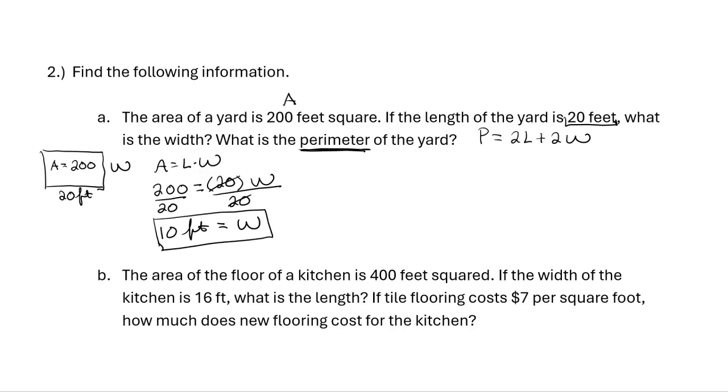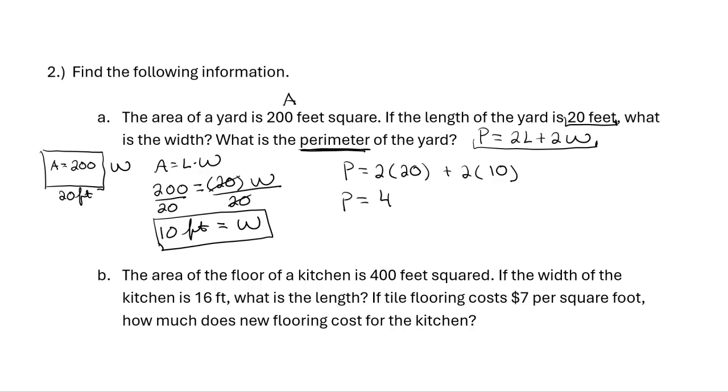So now I need to come up here to my perimeter, which I don't know, but I do know now my length and my width. Length is what was given. Width is what I found. And so now I follow the process for finding perimeter.